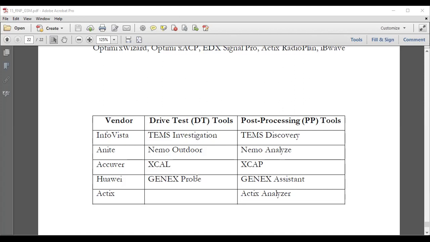But they don't check only the signal level; they check hundreds of things. They can see the signals from different base stations around. They can capture the different messages between the phone and the base station.